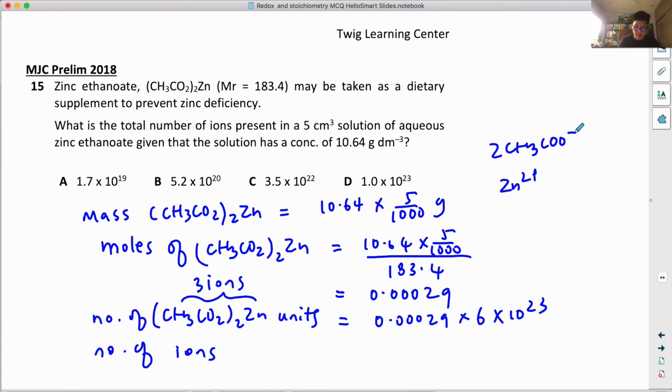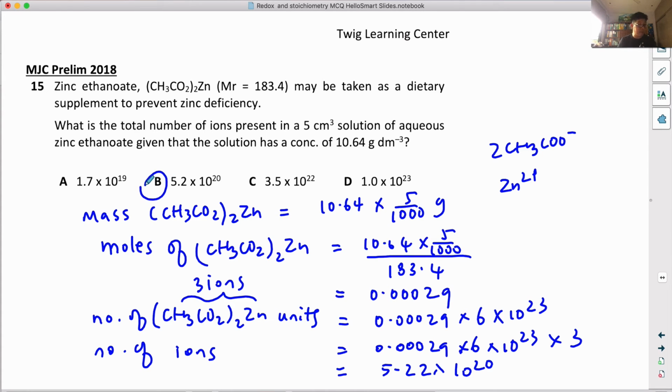So the number of ions will be 0.00029 times 6 times 10 to the power 23. Then after that, you still must multiply by 3. This will give you an answer of 5.22 times 10 to the power 20. That's why I got the answer B. Let's move on to the next one.